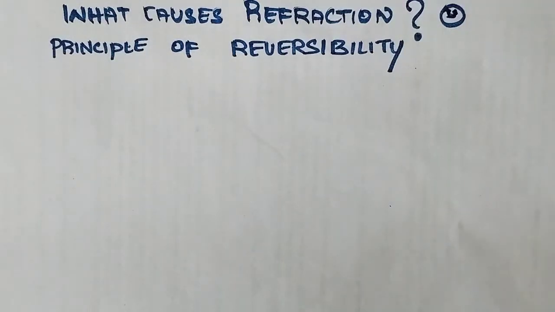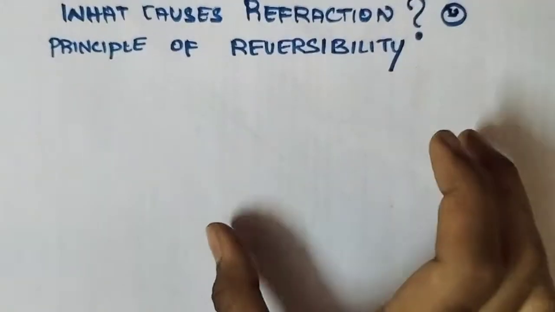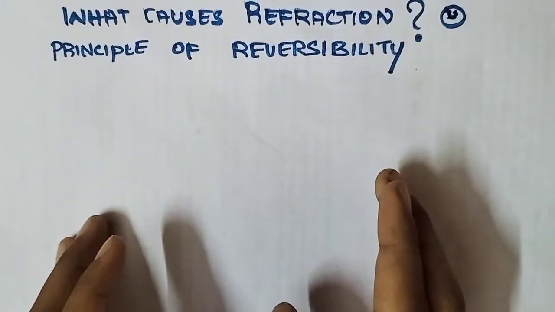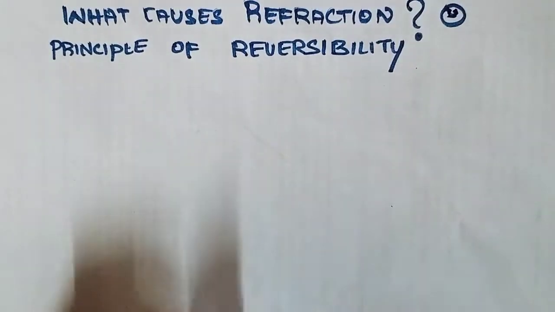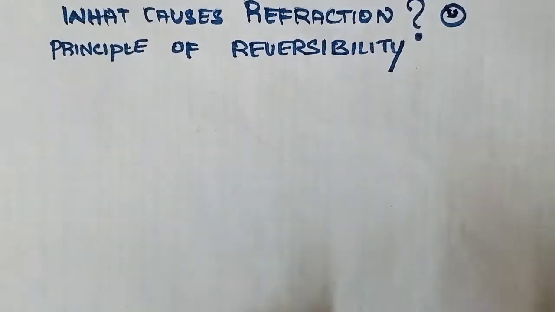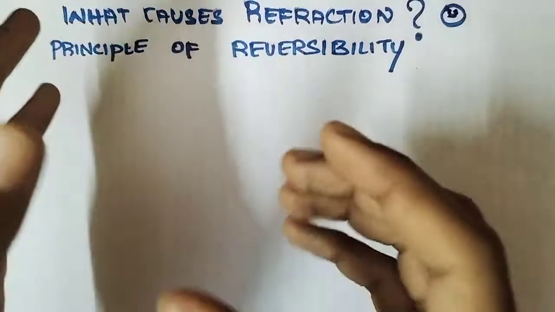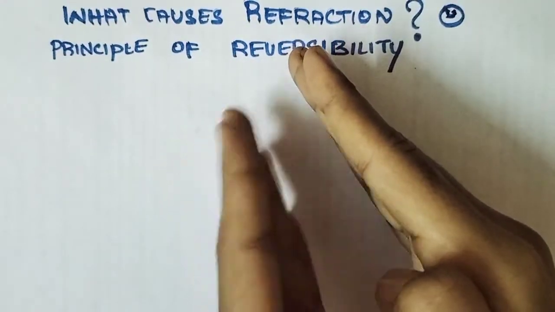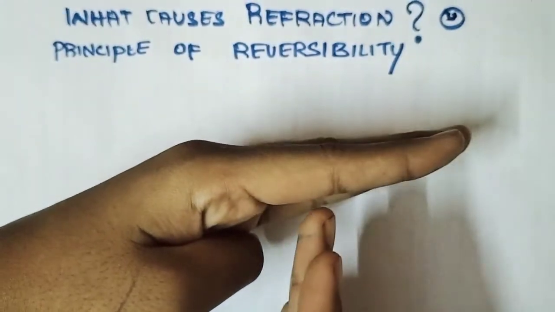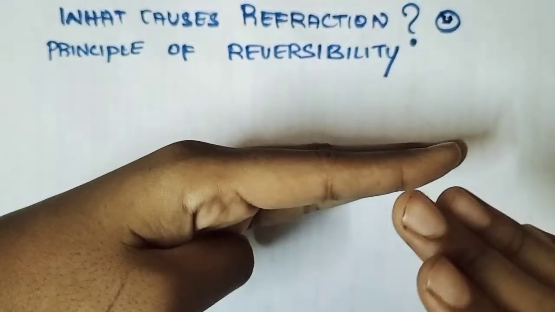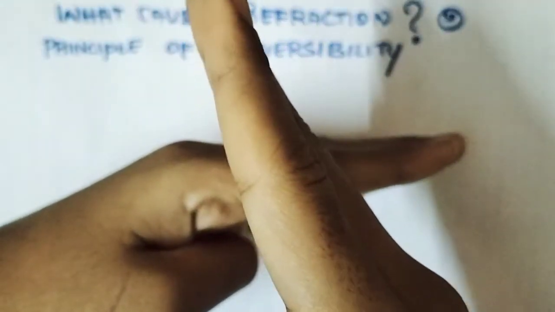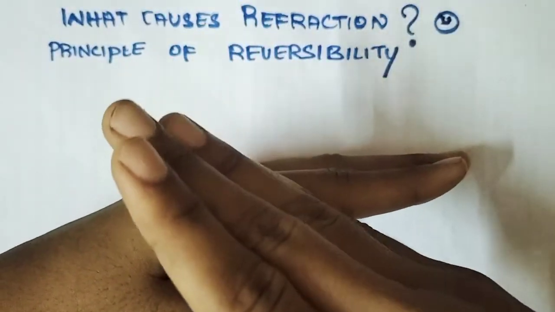Today, the topic we are going to see is refraction. We know what refraction is, what causes refraction, and why refraction should happen. In refraction, the ray comes in one medium and bends, coming this way or this way.